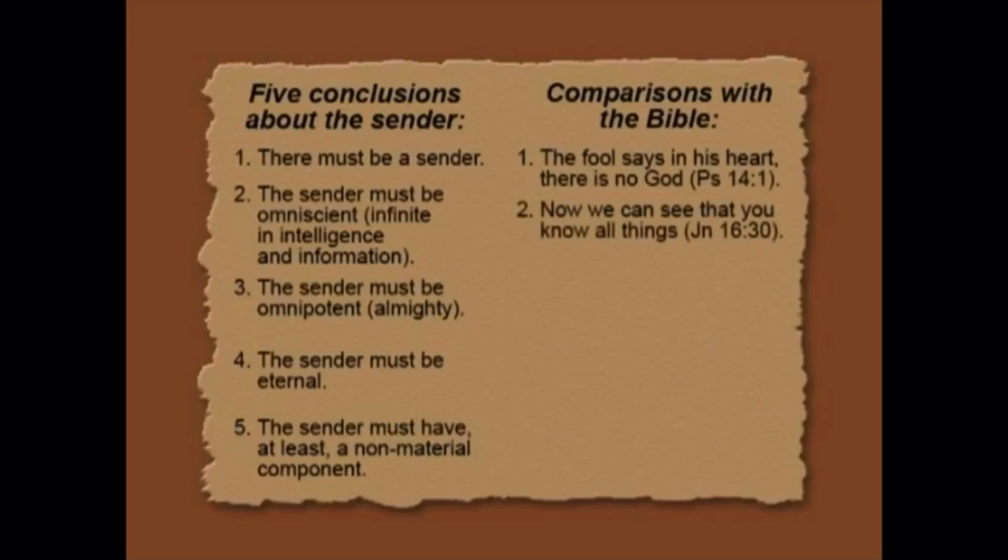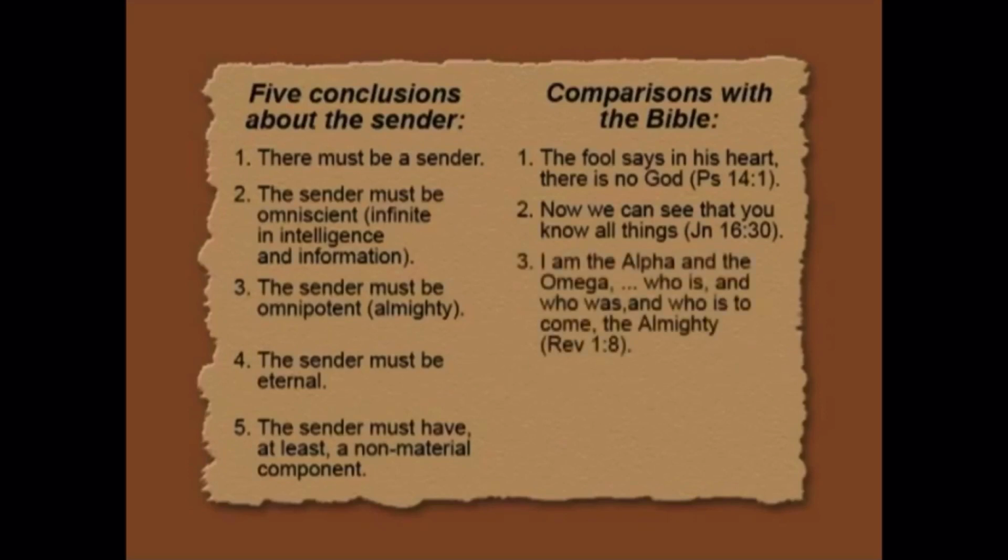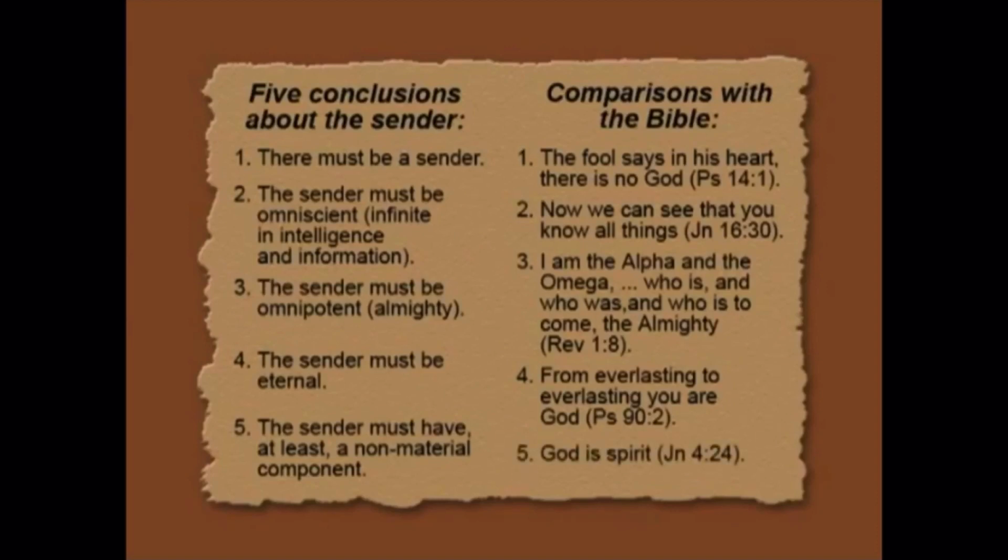Now we can see that you know all things. That is for number 2. And number 3, I am the Alpha and the Omega, who is and who was and who is to come, the Almighty. Number 4, from everlasting to everlasting you are God. And number 5, you find it in John chapter 4, verse 24, God is Spirit.